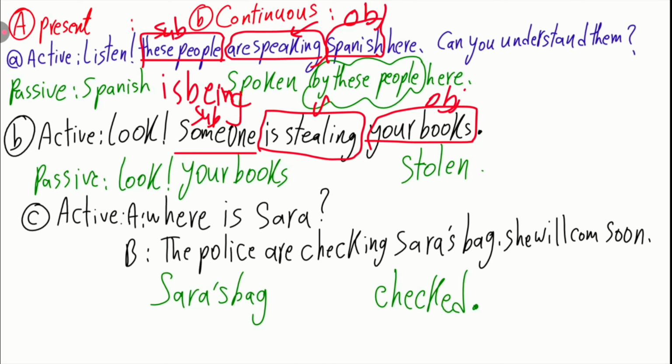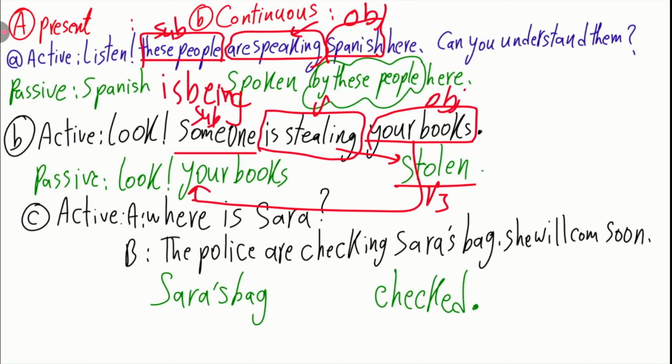We take the object to the beginning of the sentence, your books, and then the verb is in the third form, V3. This cannot be changed, my friends. No matter what the tense was, you should choose the verb in the third form.